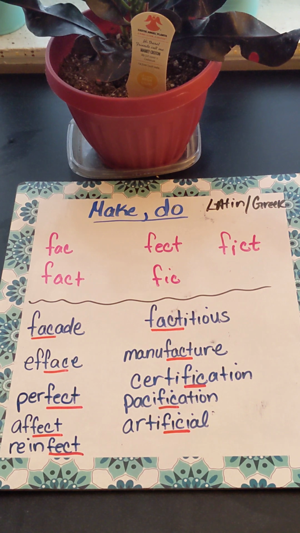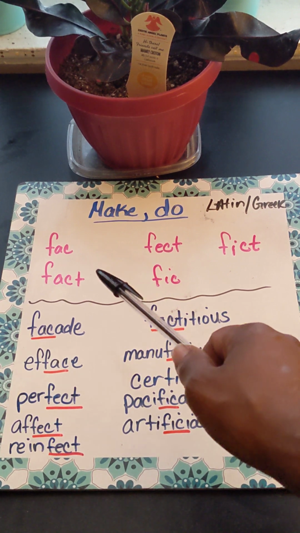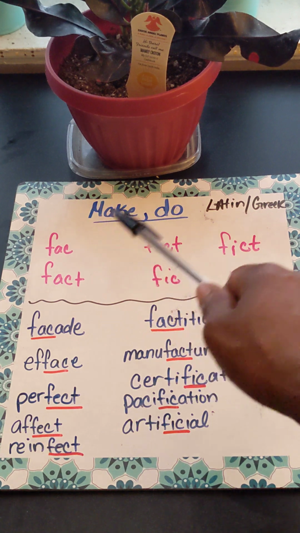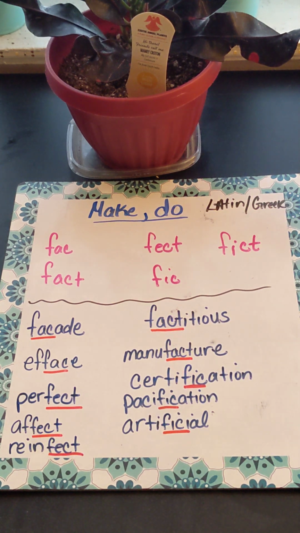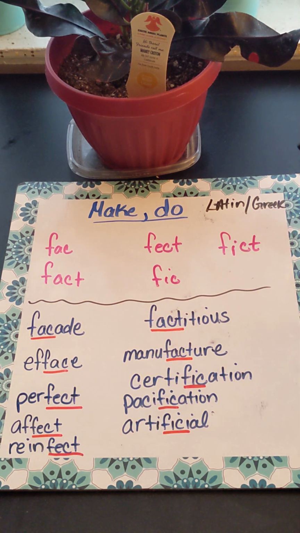So, for example, the one we're doing now, I have 5 root words. They are all variants of each other, and they all mean to make or to do. I Googled it twice, and they said they come from Latin and Greek. So I'm just going to assume that the Latin and Greek definition is the same, okay?